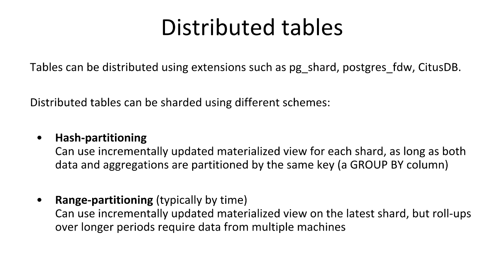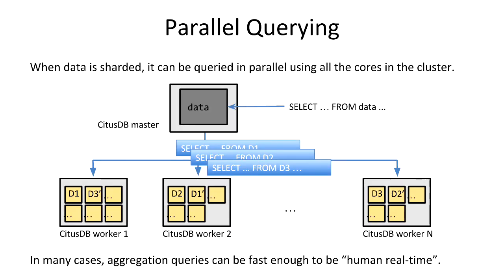So the nice thing about distributed tables is you can divide up the work, so potentially you have a lot more capacity. You can do things in parallel, but there are some restrictions that come with it. The other nice thing about distributed tables is, in some cases you might not need a lot of this because you can do parallel querying.